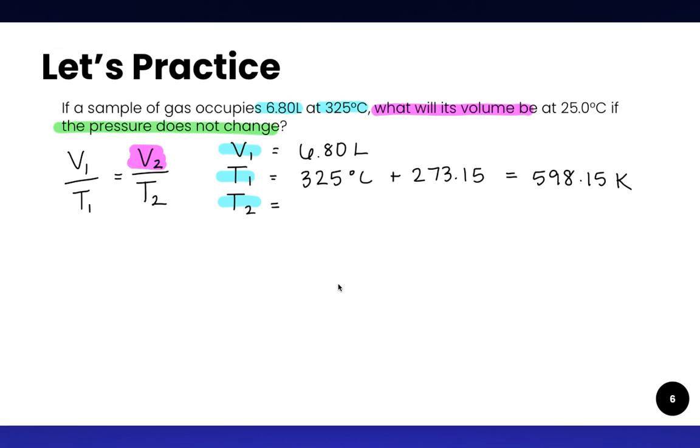T2 is equal to 25 degrees Celsius, which is equal to 298.15 Kelvin. And now we just plug our answers in and then complete the calculation.